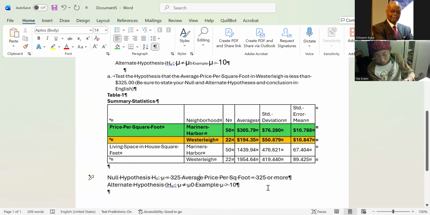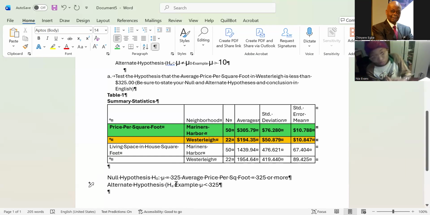That is our null hypothesis: the average price per square foot is equal to 325 or more. And the alternate hypothesis is that mu is less than 325.